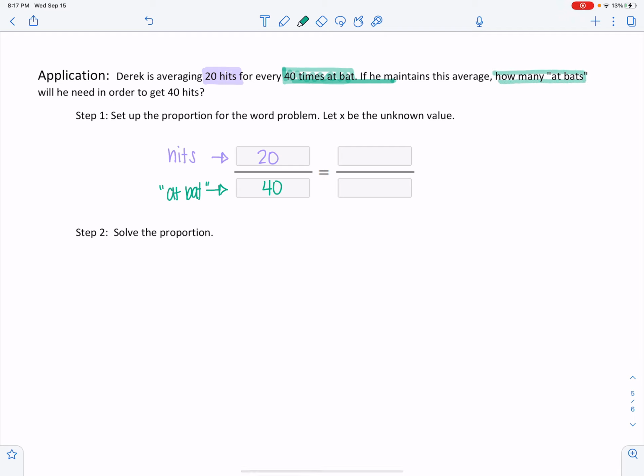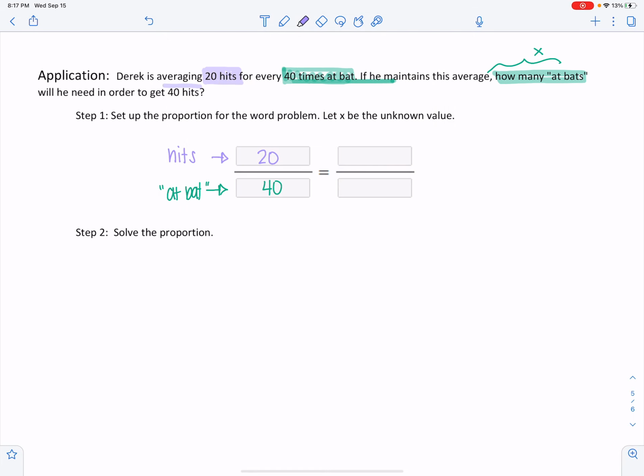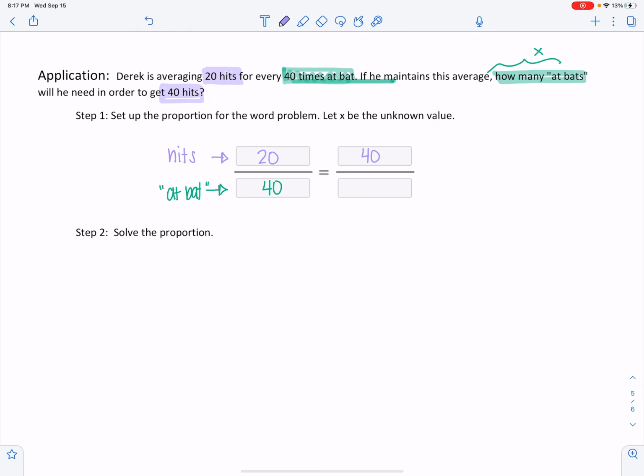So in algebra, we write a how many as an x will he need in order to get 40 hits? And so I have to keep this consistent. My hits are going on top, so I'll have 40 on top. And my how many at-bats, my x, is going down at the bottom with the at-bats. So that would be your answer to step 1.